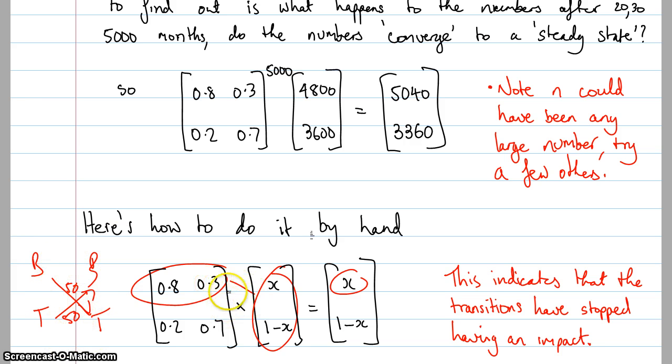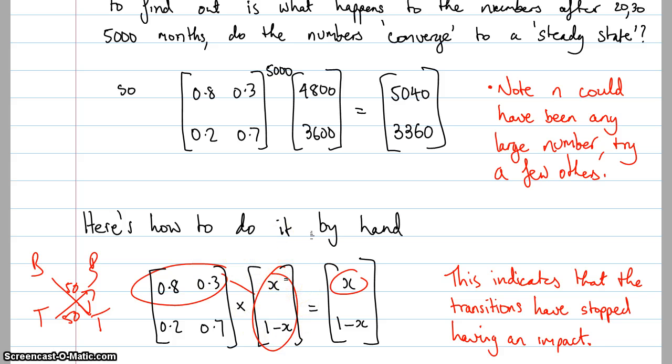So when I multiply this transition matrix by a particular matrix, I'm going to get exactly the same matrix at the end. This is what we call the steady state matrix. What I suspect in this case is that I'll end up with 5,040 over here and 3,360 over here, and I want to know what percentage I need to multiply it with.